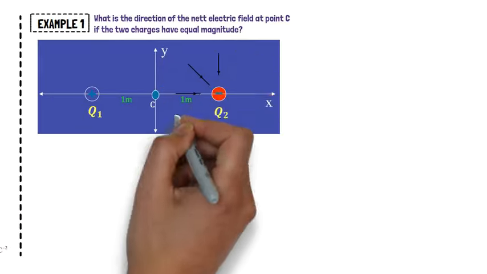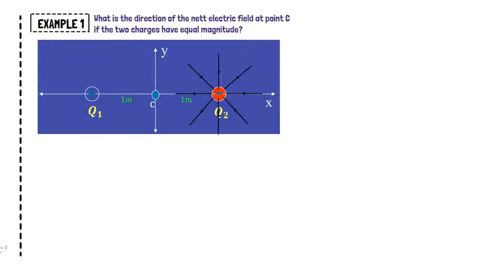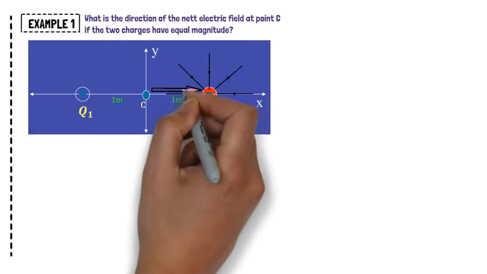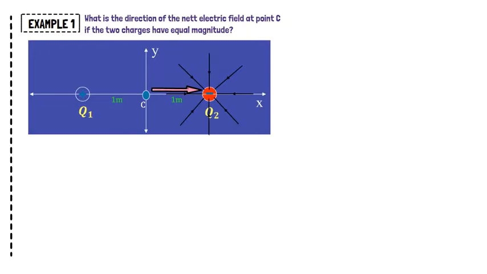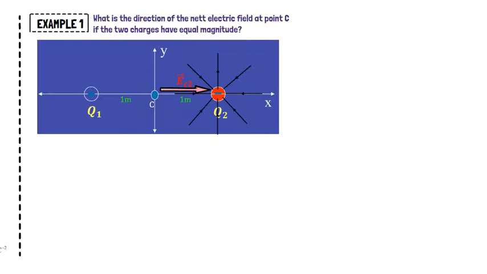So here you can see that the electric field lines for Q2 must be radially inward. Okay, direction dia mesti betul. Okay, so sekarang kita nak tentukan direction of the net electric field at point C. So berdasarkan Q2, since the direction of the electric field line dia adalah inward, so we can see here that at point C, the direction of the electric field due to charge 2, which is Q2, must be to the right.